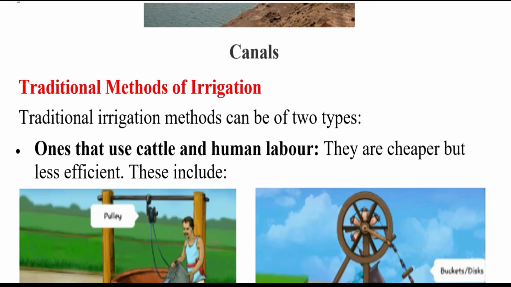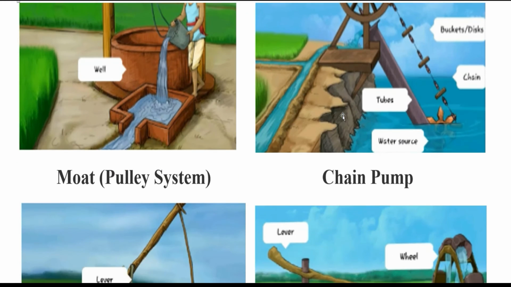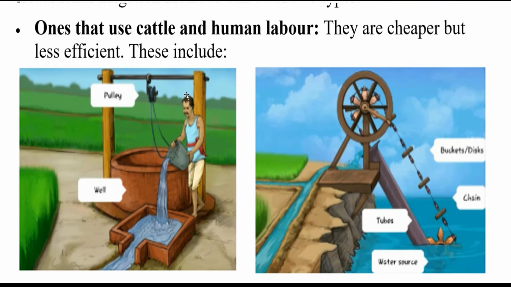Traditional irrigation methods can be of two types. One uses cattle and human labor. They are cheaper but less efficient. This includes the moat. See here the picture of the moat. The laborer is bringing up the water from the well and irrigating the field.